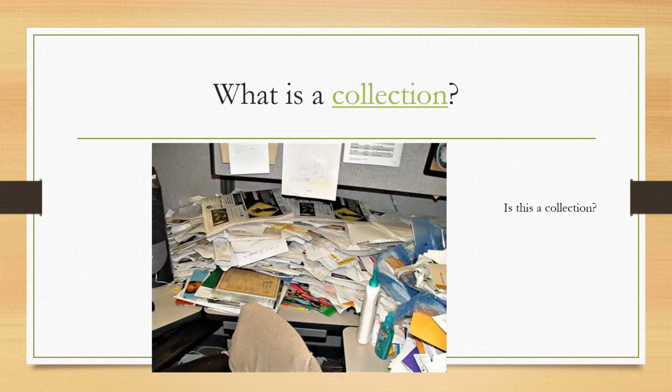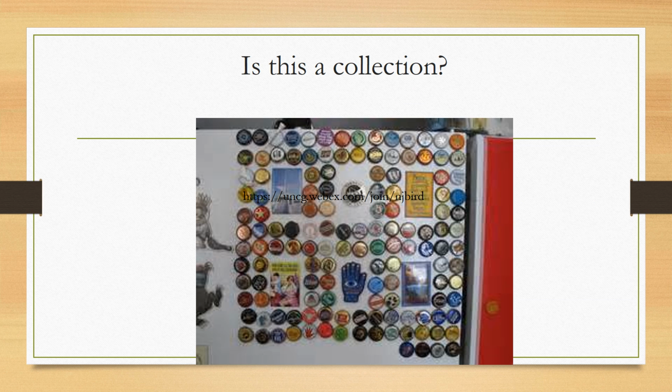So what is a collection? Take a look at this photograph. Is this a collection? Write down what you think makes this a collection, or if you don't think it's a collection, why is it not a collection? Is this a collection? Do the same thing.